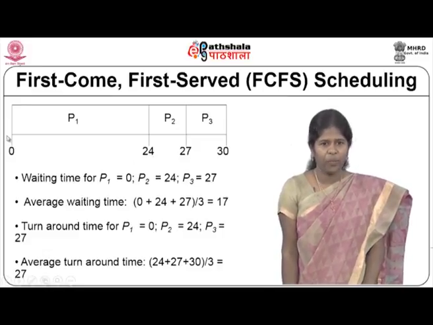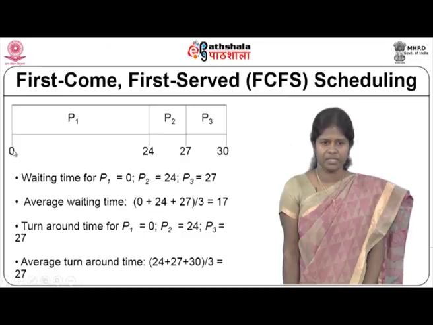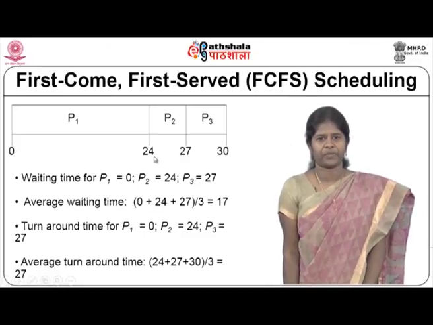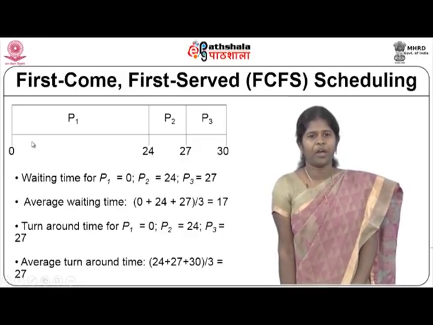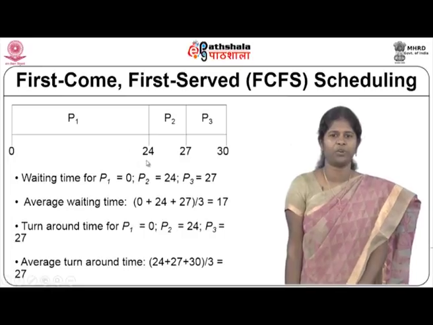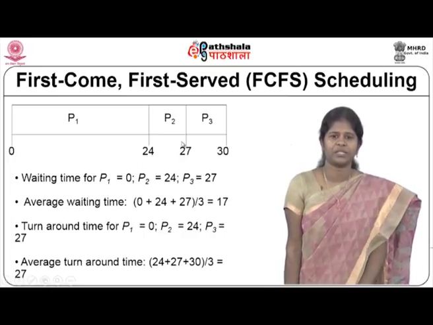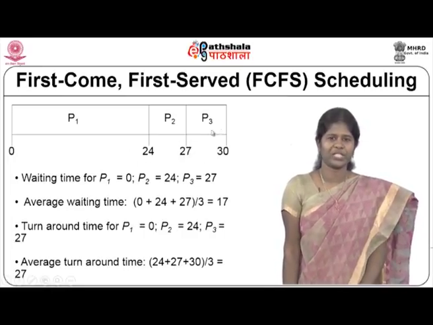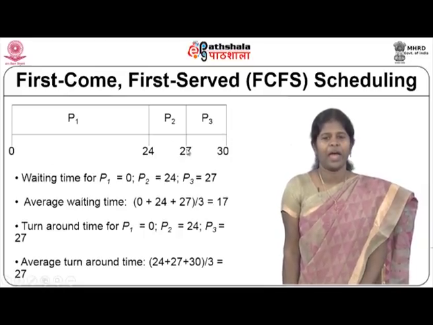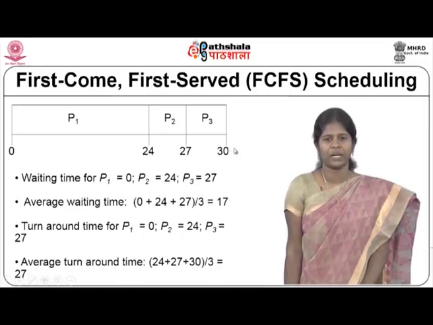Hence, the waiting time for P1 is 0 and the turnaround time for P1 is 24. For process P2, the waiting time is 24 and the turnaround time is 27. And for process P3, the waiting time is 27 and the turnaround time is 30.